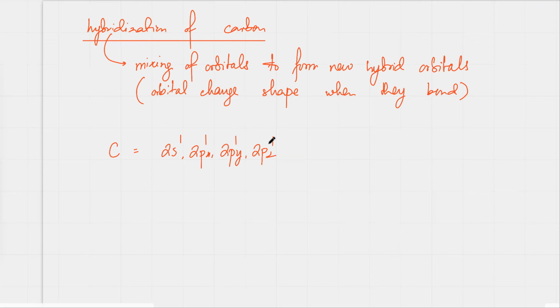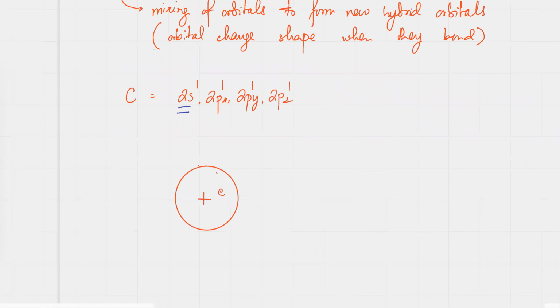So remember, s is spherical. In the s orbital, the electron is in a spherical region around the nucleus, buzzing in this spherical region. Similarly, the 2px, 2py, and 2pz. The 2px is on the x-axis, so there's an electron buzzing in this area.